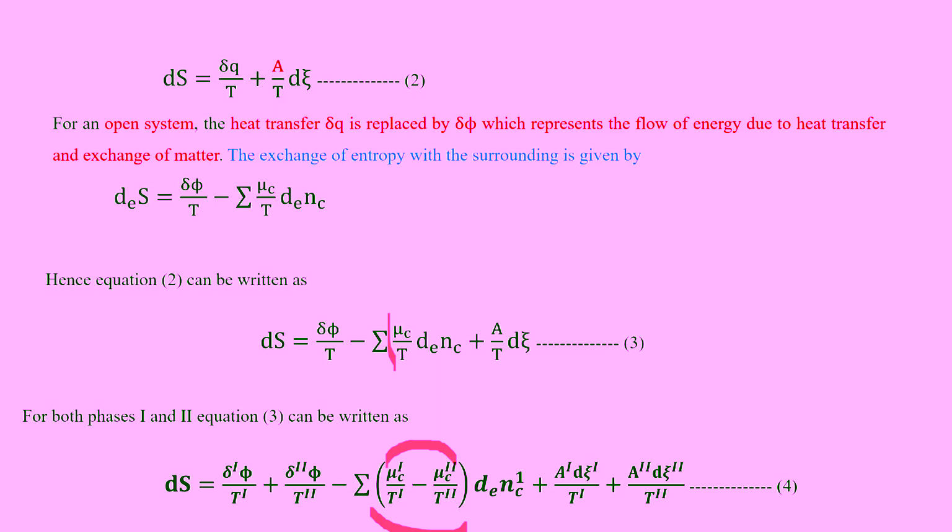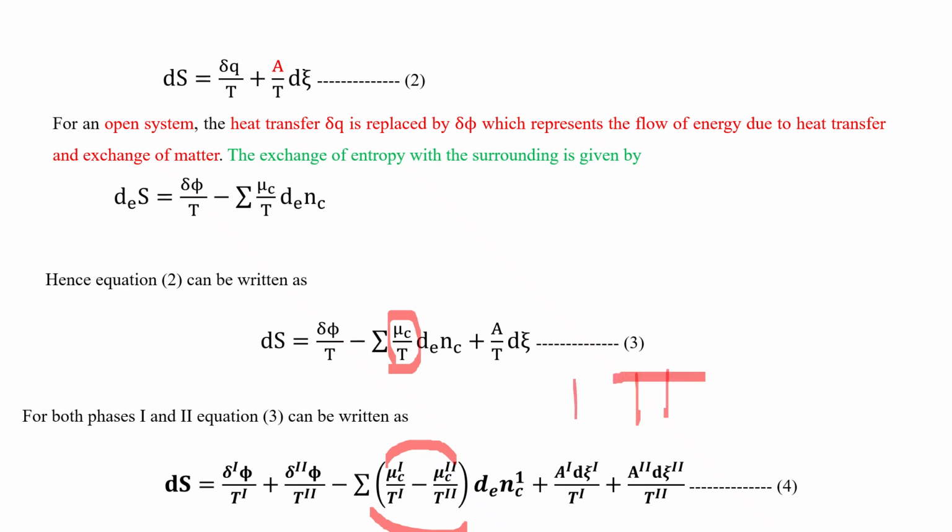Here we have just written it as nu c by T. But since in the system we will be having two phases, we have to individually represent this chemical potential for 1 and 2. So here we have represented it as nu c1 and nu c2.